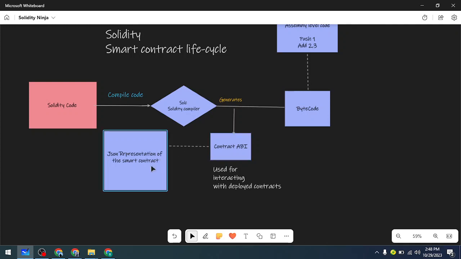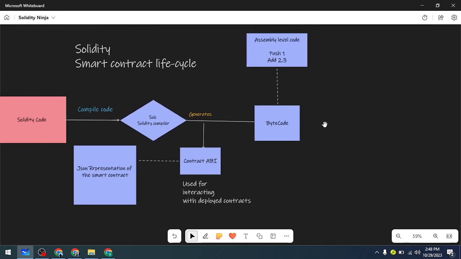We will see it in depth when we write our first Hello World contract. The other thing it generates, which is the most powerful and the main thing in the life cycle, is bytecode. The Solidity compiler generates the bytecode, so it essentially converts the high level language into assembly level code.